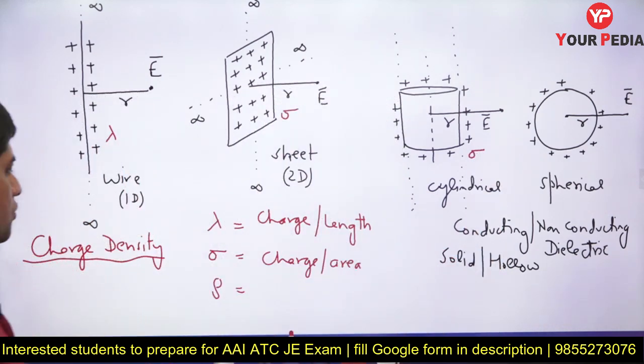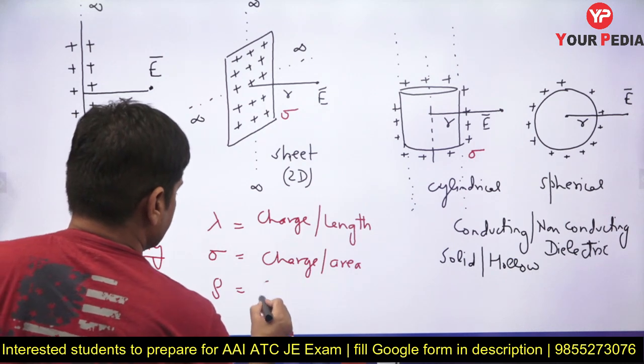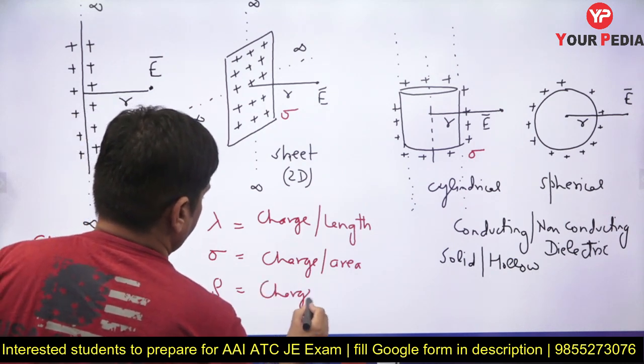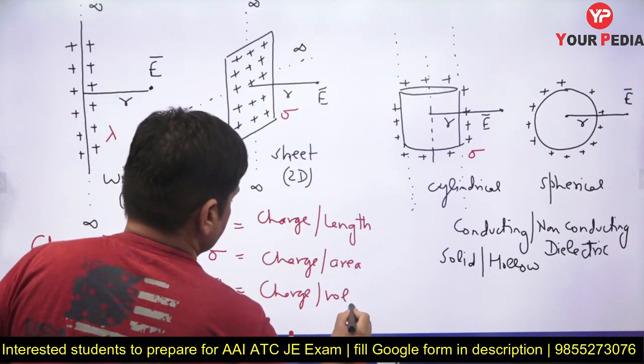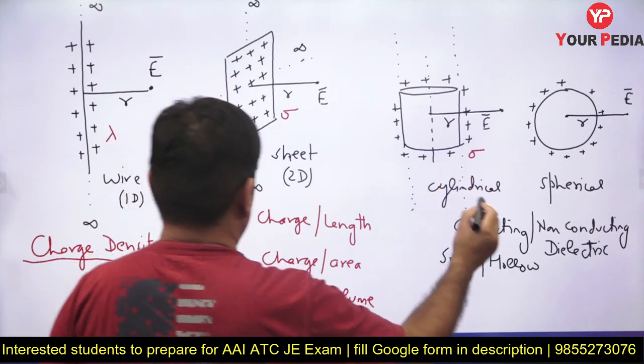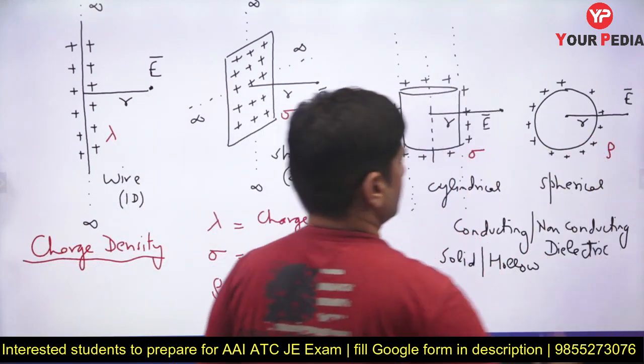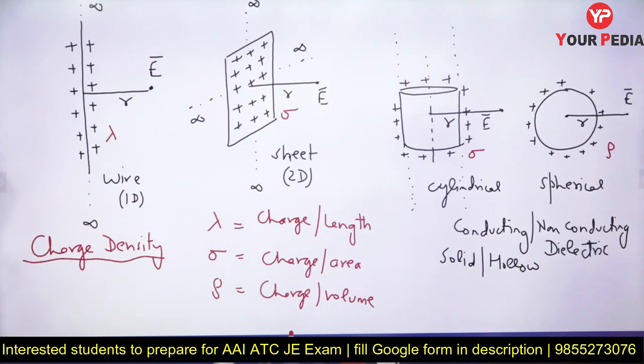And then comes volume charge density. This is charge per unit volume. Rho is the volume charge density. So if I know the volume charge density rho, I can calculate the charge over a particular volume.